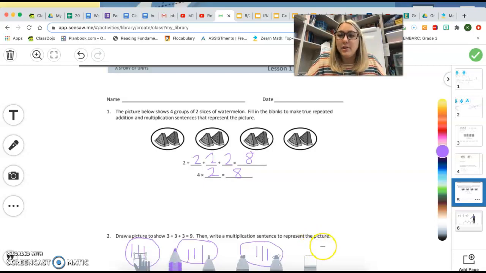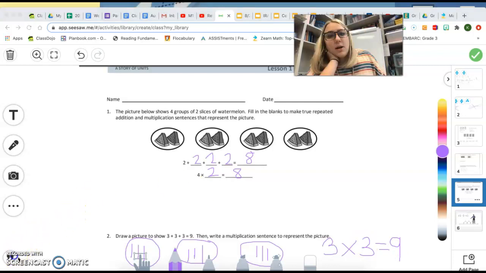Okay, now multiplication. I have 3 groups of 3. 3 times 3 is going to equal the same thing as our repeated addition sentence. 3 times 3 is going to equal 9.